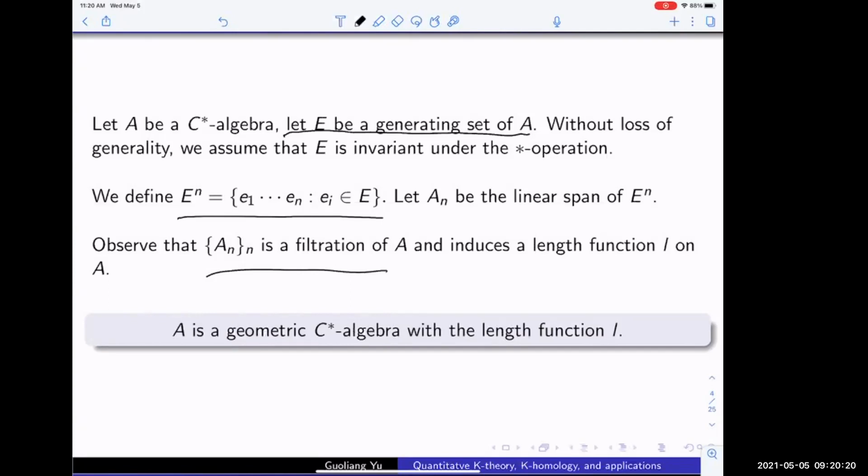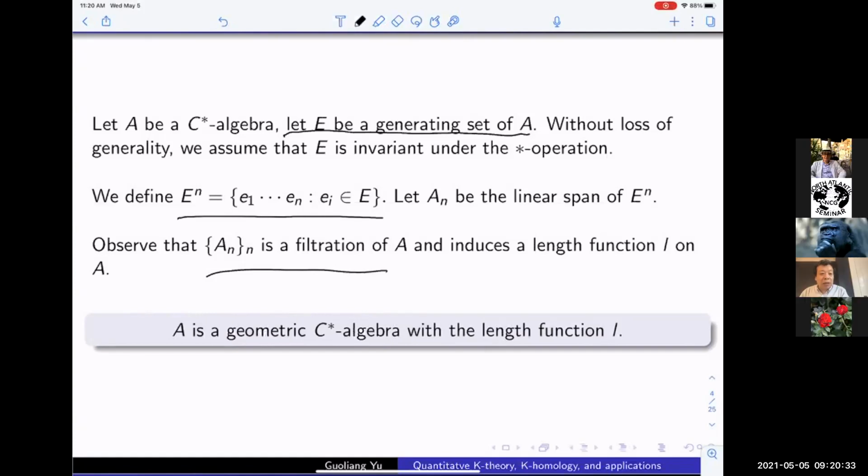One can introduce a concept of asymptotic equivalence, actually for K-theory purposes, and that's good enough. So again, in the finitely generated case, this geometric structure is unique up to asymptotic equivalence.